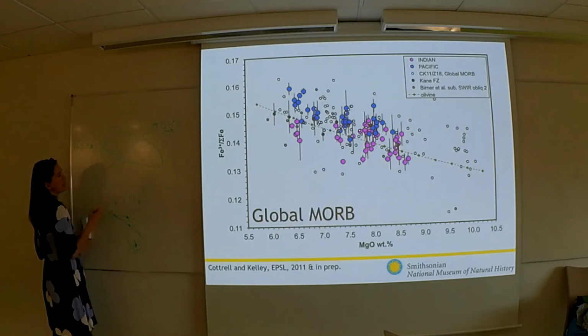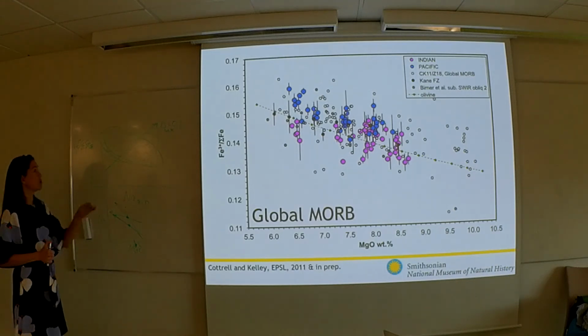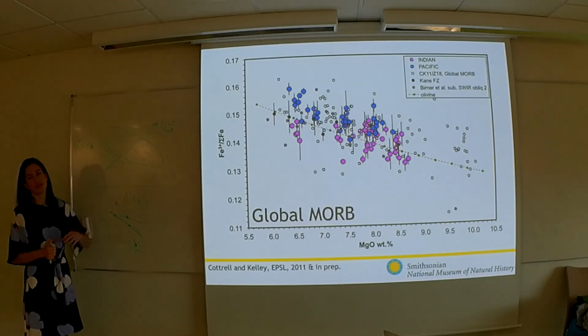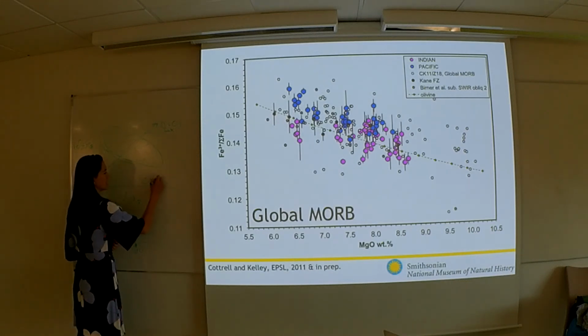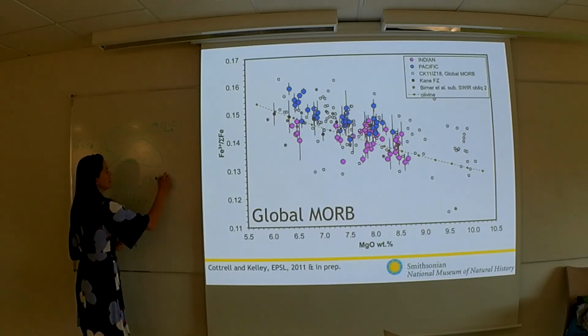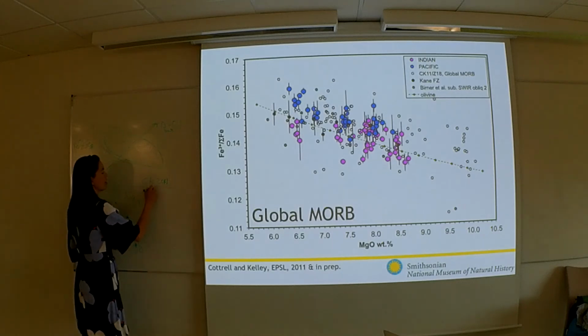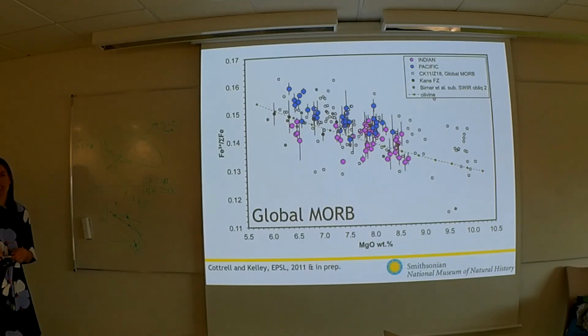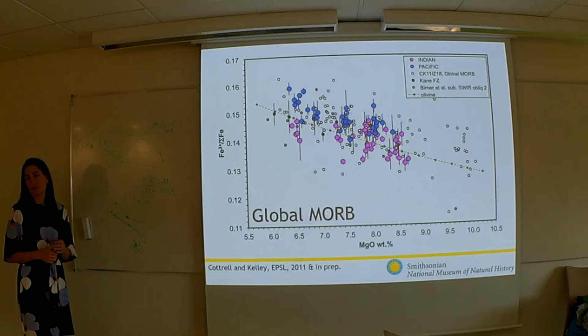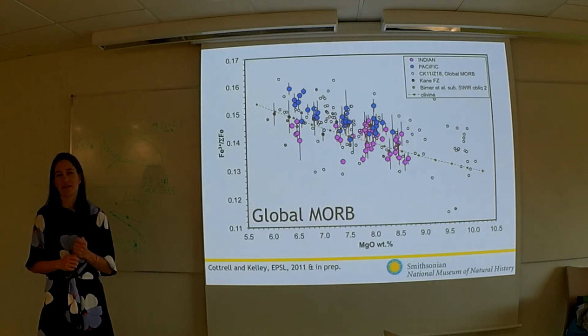The trends we see in individual places show either no correlation or grossly a negative correlation. There's a great plot of this in the Cottrell and Kelley 2011 paper, and Bezos and Humler 2005 show this lack of correlation. I think that we don't understand ferric iron during melting.